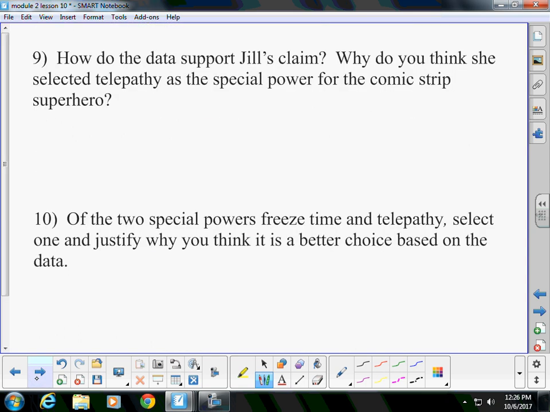Okay, how does the data support Jill's claim? Why do you think she selected telepathy? Okay, again, there was a high number of females that selected telepathy.